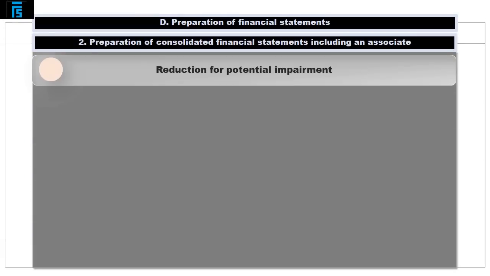You will have probably noted that the expression for the carrying amount of the investment in the associate, as reported in the consolidated statement of financial position, includes a reduction for potential impairment.